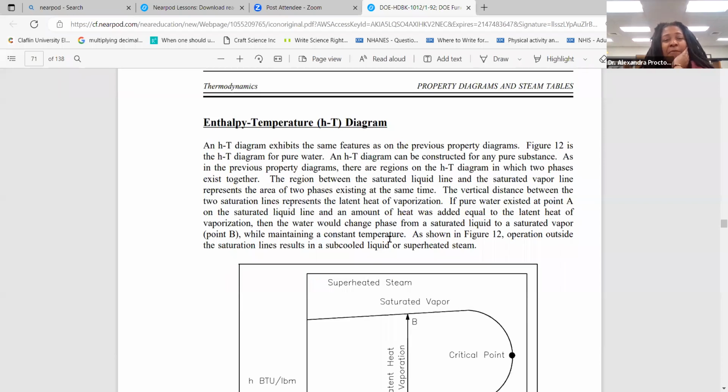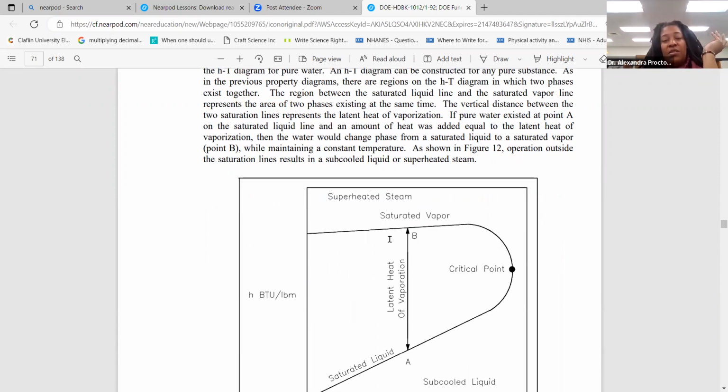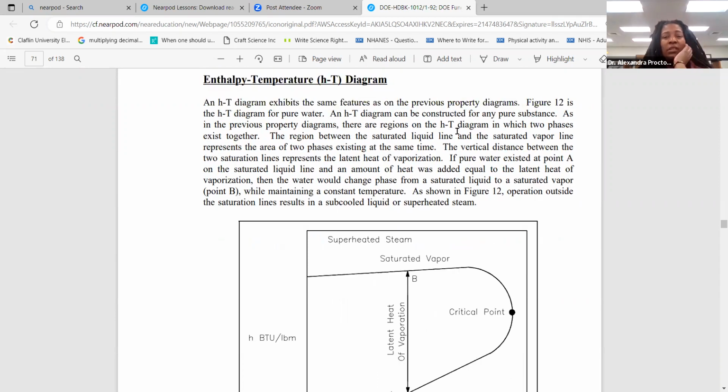And then you have the enthalpy temperature phase diagram. All right. And this diagram exhibits the same features of the previous property diagrams, where you start to see, again, the line here and the coexistence of phases. So in figure 12, this is the HT diagram, or the enthalpy temperature diagram for pure water.